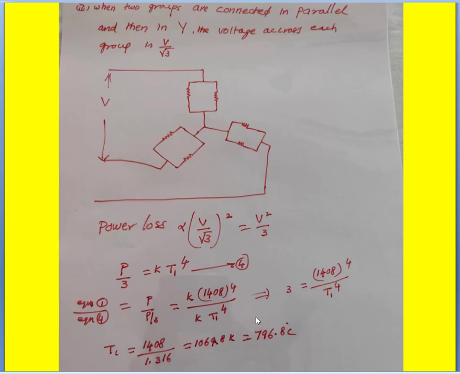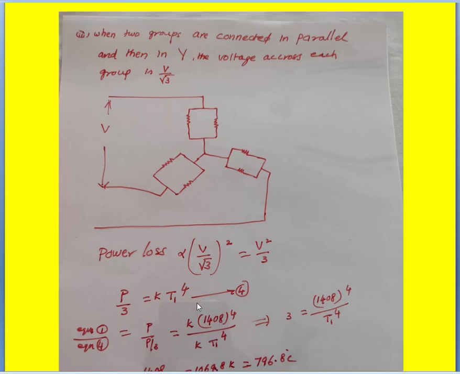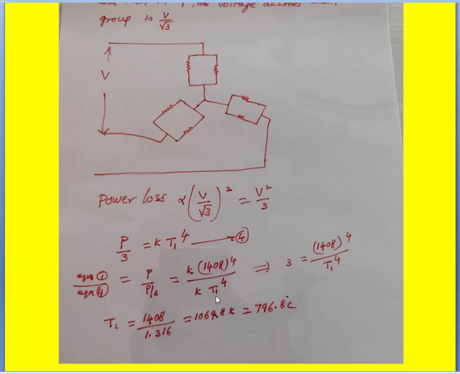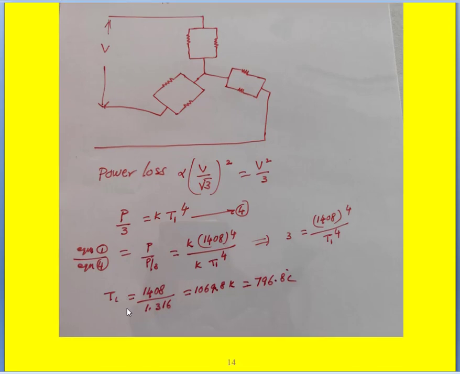So if you simplify this, we get 3 is equal to (1408 divided by T1) whole power 4. So from this we can get what is T1.